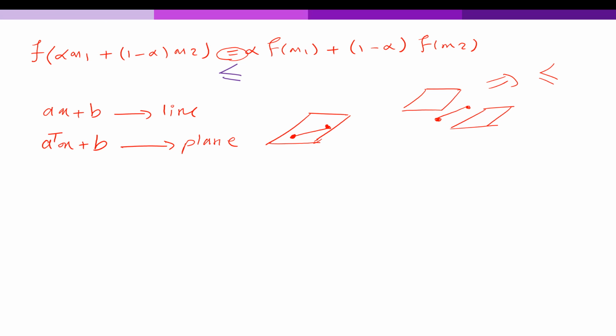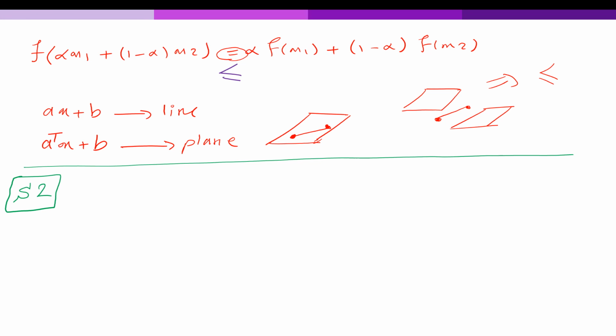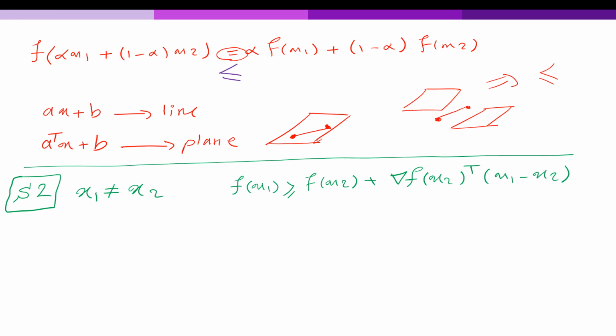Let's use color green. So we have 2 points, x1 and x2, which are not equal, and we need to show that f of x1 is greater than or equal to f of x2 plus this derivative transpose (x1 minus x2).